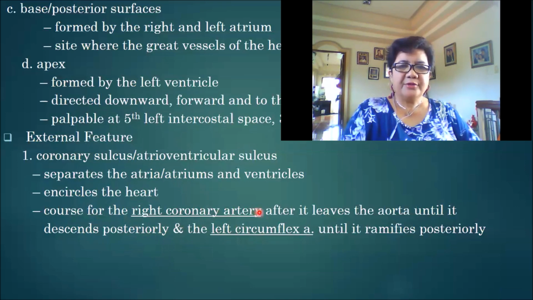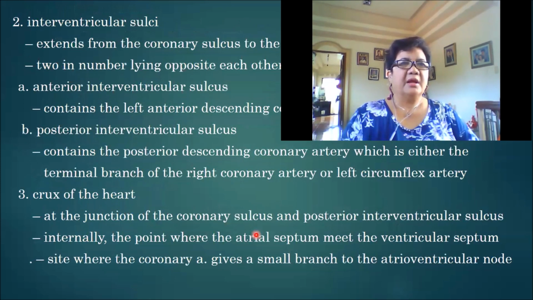And then your left coronary artery is just a small artery wherein it will give the left circumflex artery branch, which will be the one seen posteriorly. And this will ramify or have many branches.